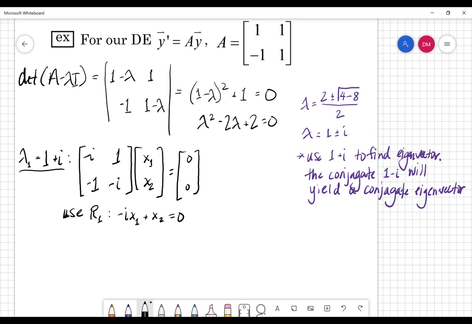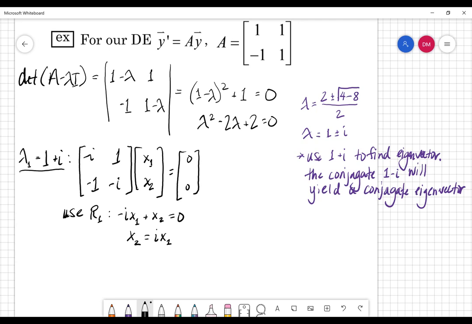Similar to the past, we're going to make some educated guesses here. I just want some positive values here. So x2 is equal to i times x1. And if that's the case, I could probably just call x1 equal to 1.